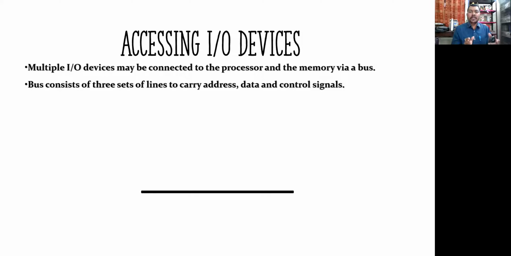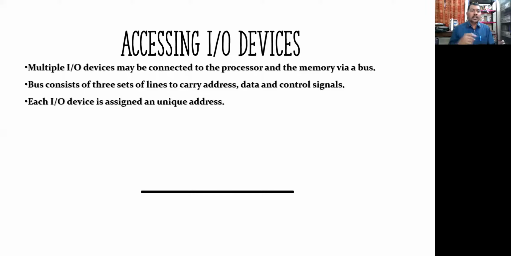Secondly, what data we want to give to the input output device, or take from it. The third is to control whether we have to write the data or read the data. That is the control signal. So we need three types of buses: to carry the address, to carry the data, and to control what exactly we are going to do.